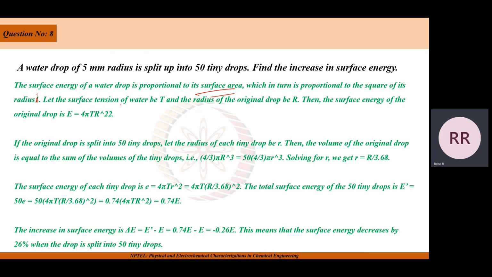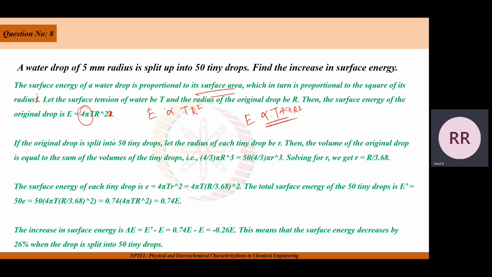Now the surface tension is T and the radius of the original drop, let it be R. Then the surface energy E is proportional to T times R square, with some constant 4 pi. So basically the area is given by 4 pi R square, multiplied by T. So surface energy is proportional to this.